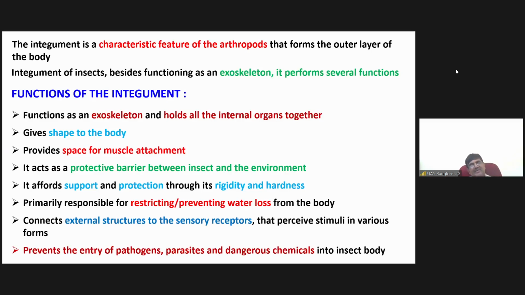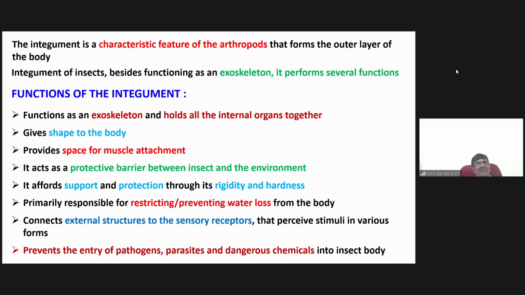It also connects external structures located on the insect body to sensory receptors of the nervous system that perceive stimuli in various forms. And finally, it prevents entry of pathogens, parasites, and dangerous chemicals into the insect body.